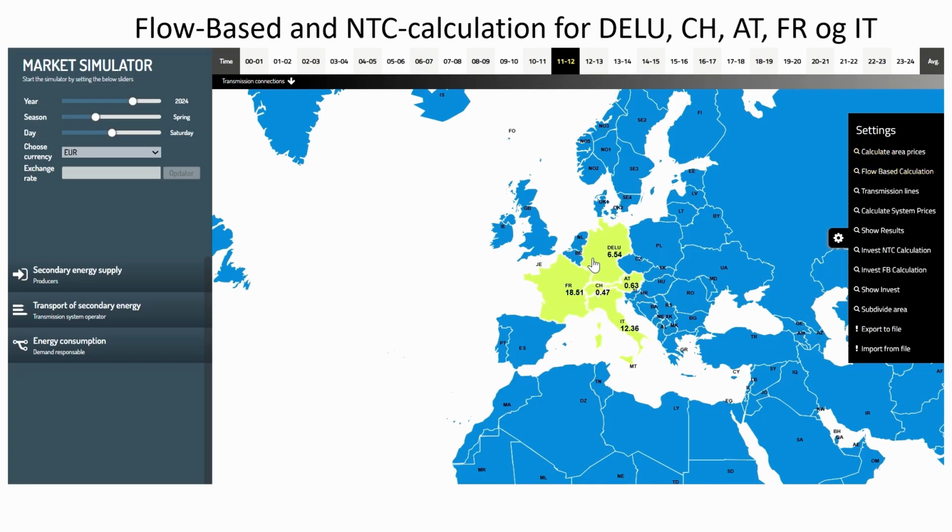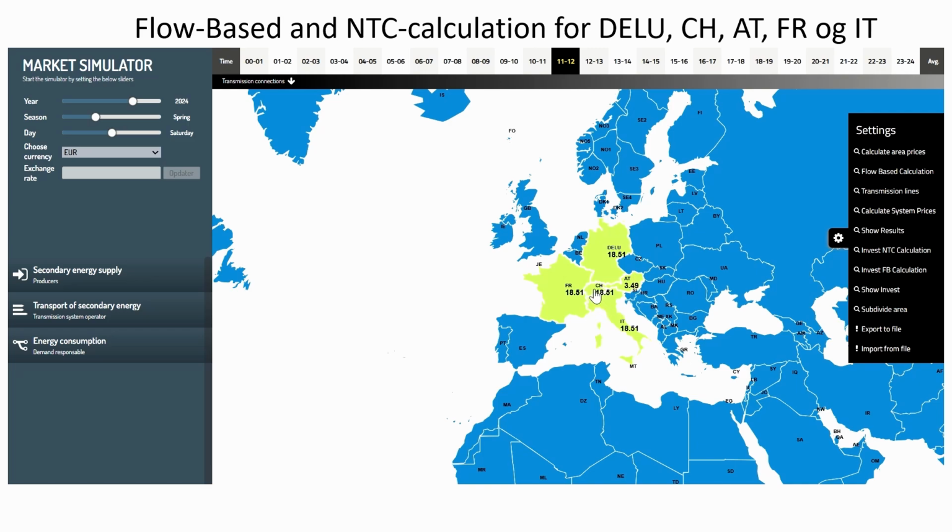You can see the marginal prices in the different bidding zones. And if I do a normal trading capacity calculation, you can see that the values are the same in all these areas except for Austria.